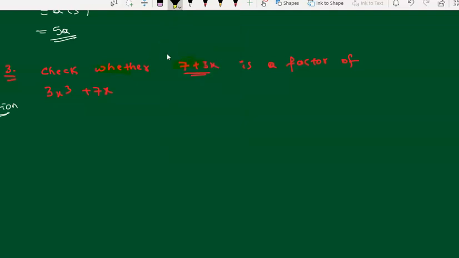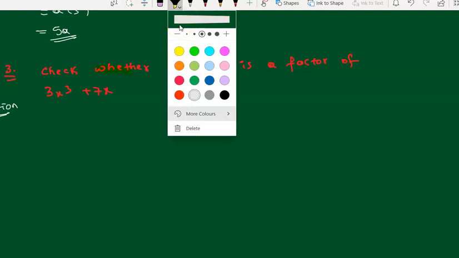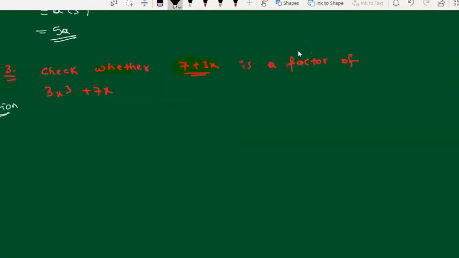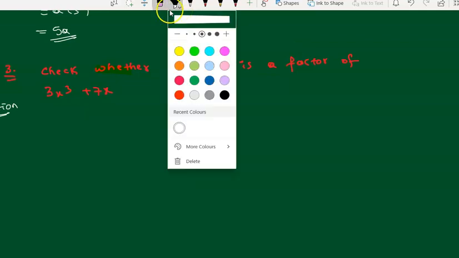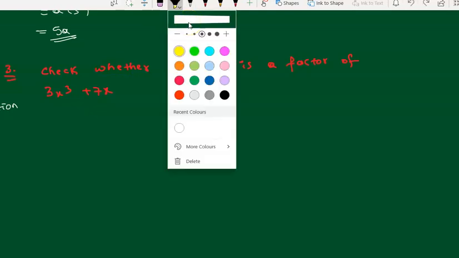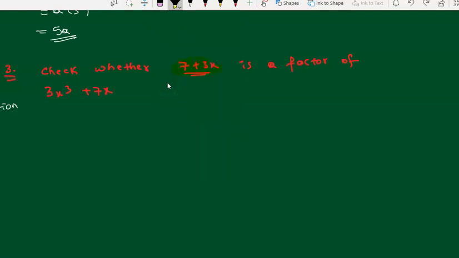He is asking you to check whether this one is a factor of this polynomial.